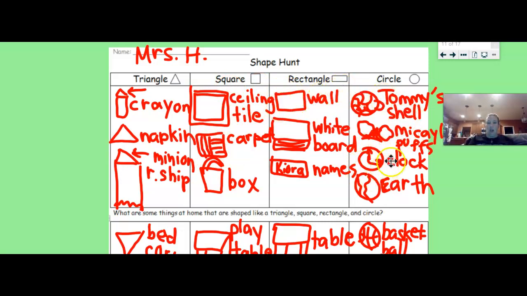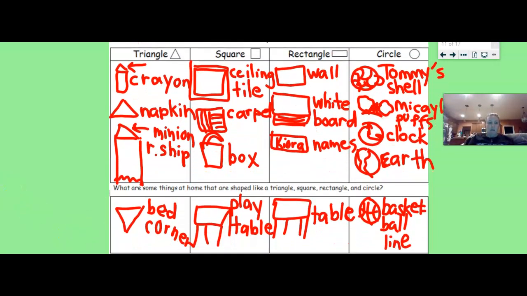Somebody had a clock. That was like a circle. We talked about clocks. And then some things at home that are shaped like a triangle, square, rectangle, circle. Some people said the corner of a bed, a play table, it's just like a square, a regular table is like a rectangle, a basketball is like a circle.